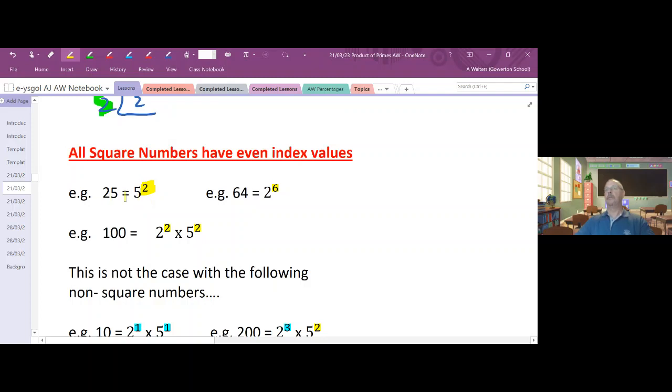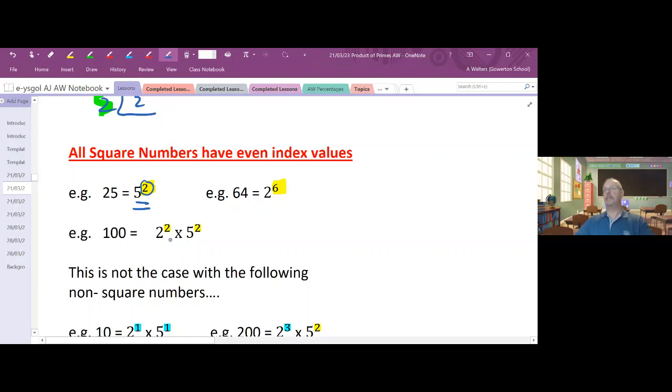So if I didn't know about 25, I can tell simply from 5 squared that because the index value is even, it's a squared number. 2 to the power 6, 6 is an even value, so therefore I know that 2 to the power 6 is a square number, without knowing that the answer is 64.